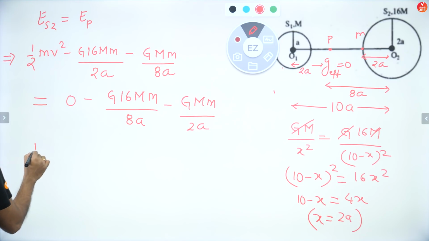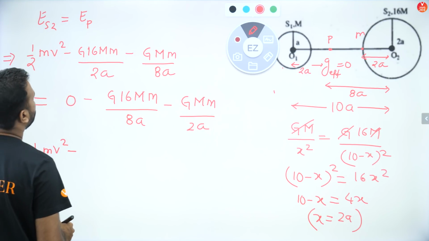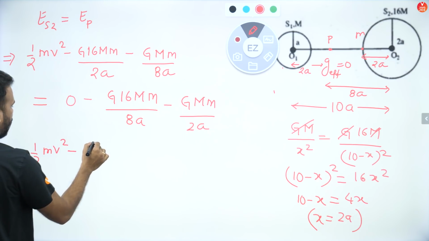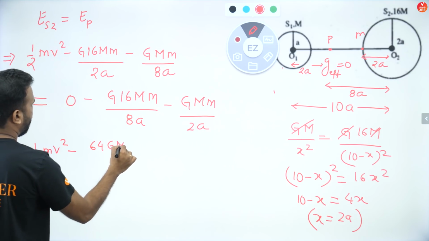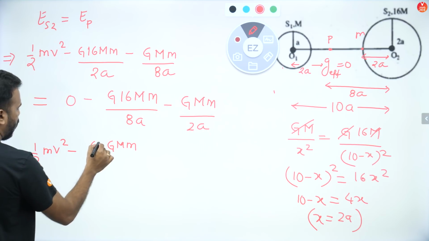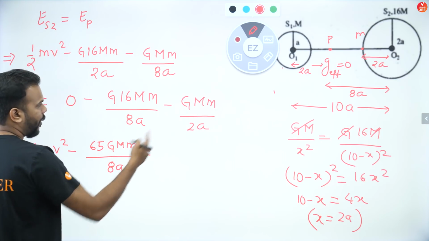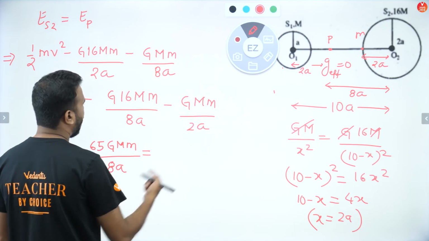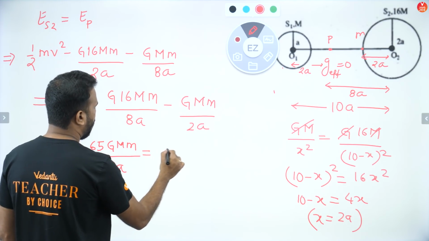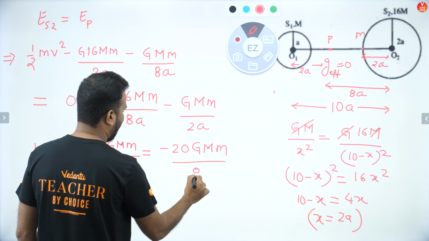So what we get from here is half mv square minus, if we simplify this, to make it 8, multiply this by 4, so this will be 64 G capital M small m by 8a, adding 1 from there, this value becomes 65 GMm by 8a, and this is equal to the right side, again multiplying by 4, so you have 16 minus 4 becoming minus 20 GMm by 8a.